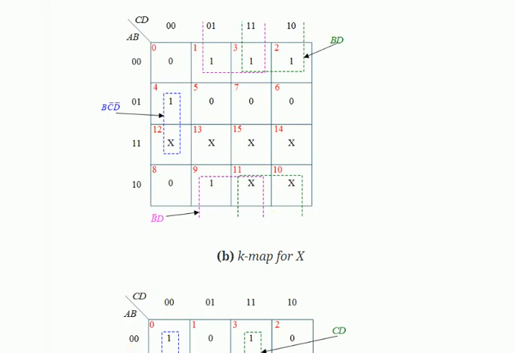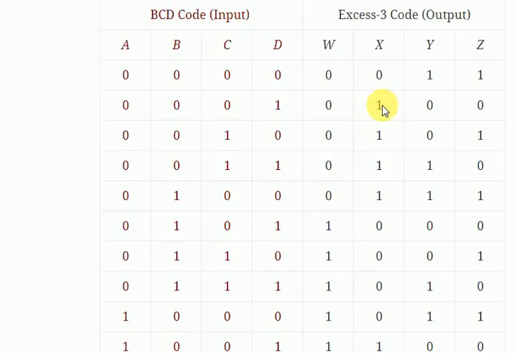Now when we solve for the output X, we have output ones at M1, M2, M3, M4 and M9. We can verify it from the truth table also. Here M1, M2, M3, M4 and M9 have output 1.